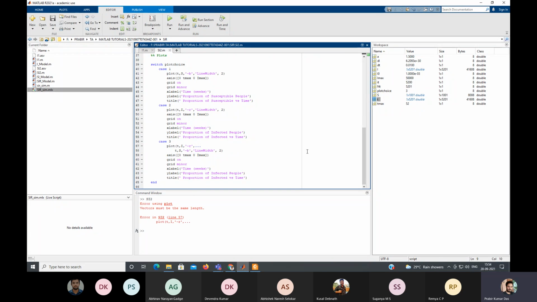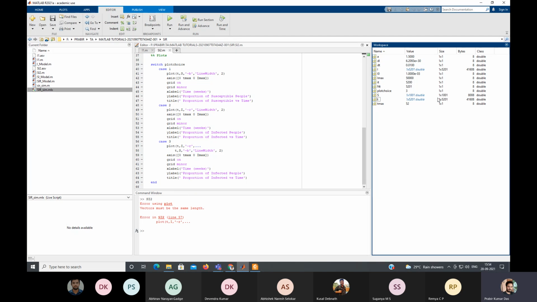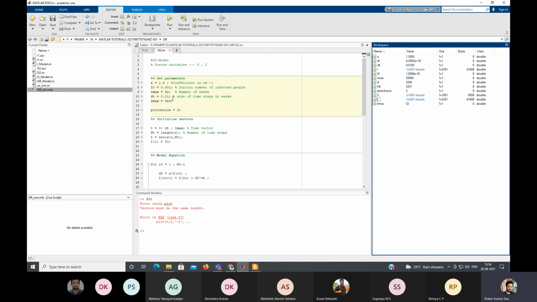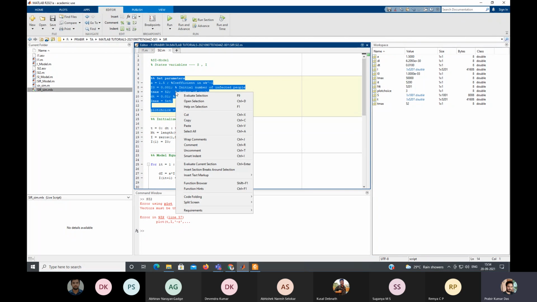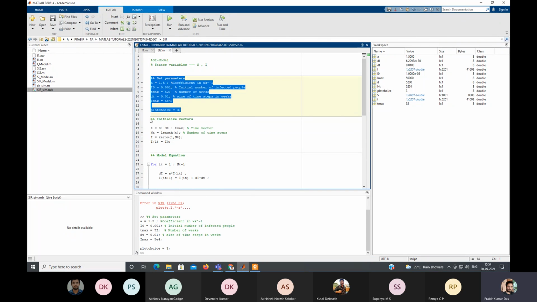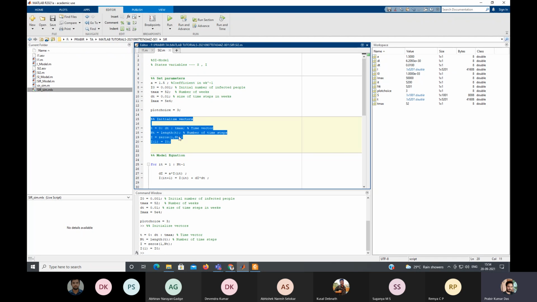Vectors must be of the same length. So T is okay. So T should be this thing.